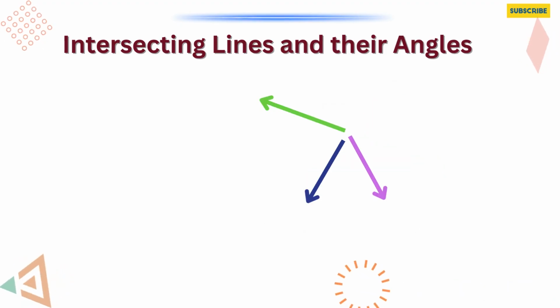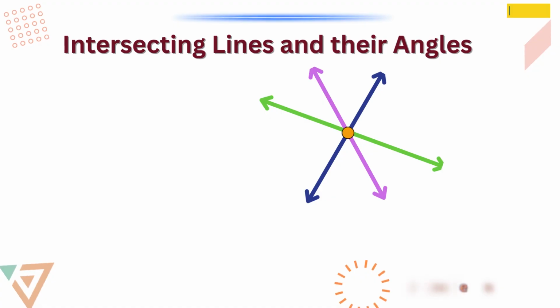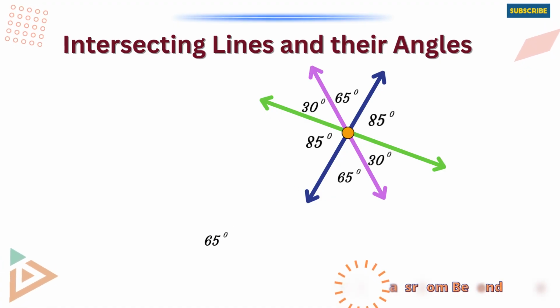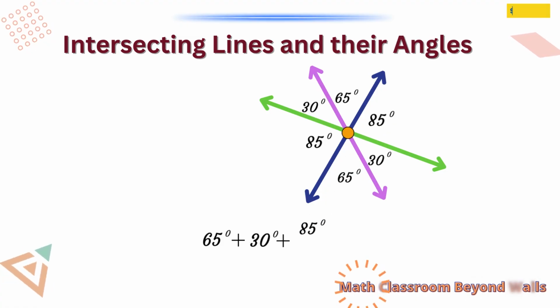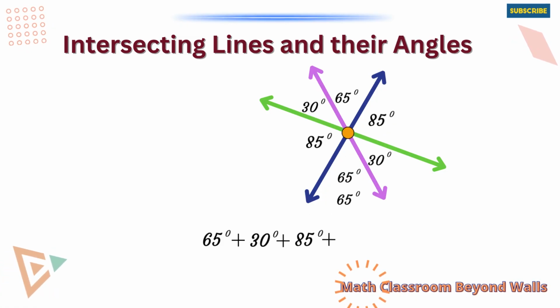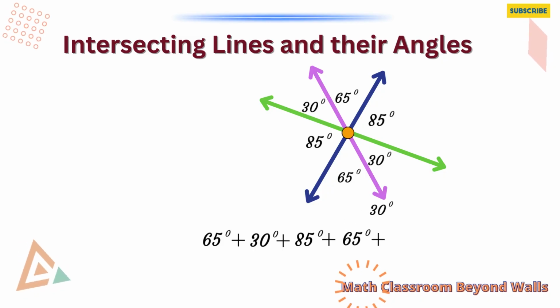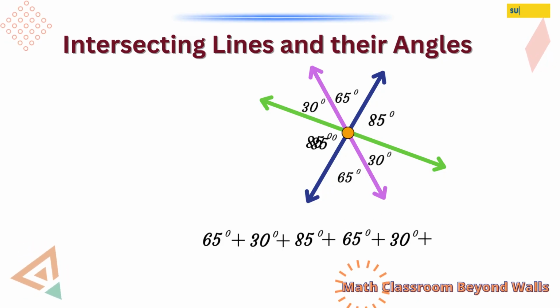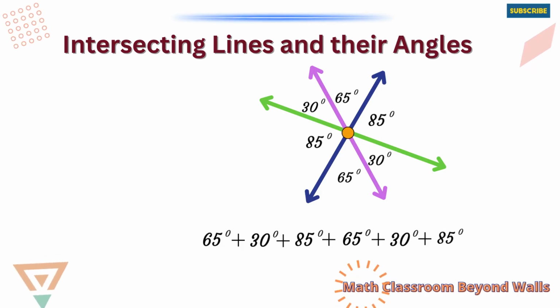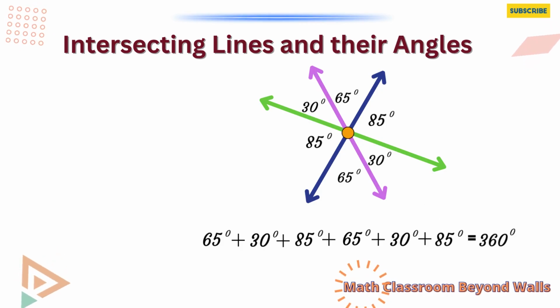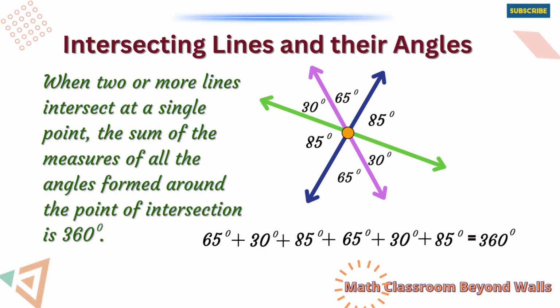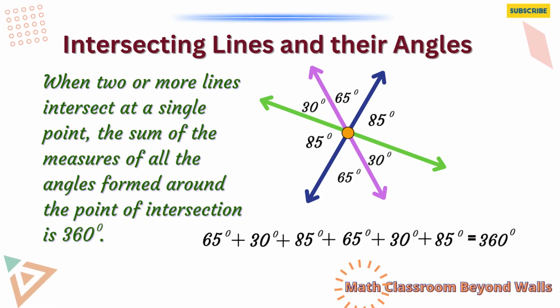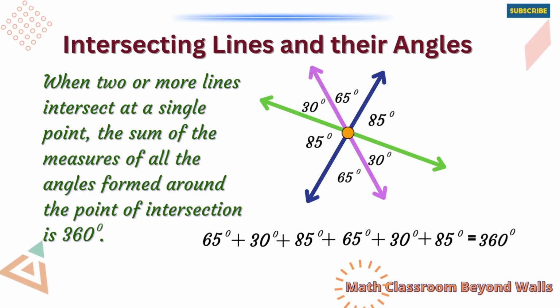And this? So, it will be helpful to remember these, learners. When 2 or more lines intersect at a single point, the sum of the measures of all the angles formed around the point of intersection is 360 degrees.